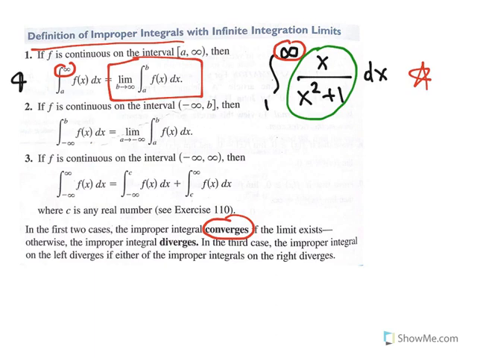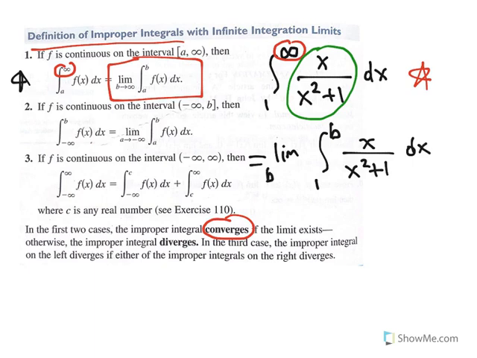So using this definition, here's how we deal with the improper integral. We're going to write it as the limit of the definite integral from 1 to b, and the integrand is x over x squared plus 1 dx. And we're going to take the limit of this definite integral as the upper limit of integration b approaches infinity.